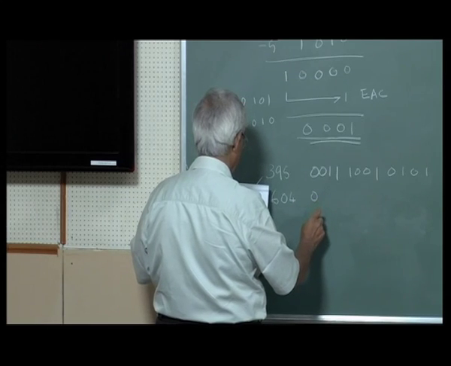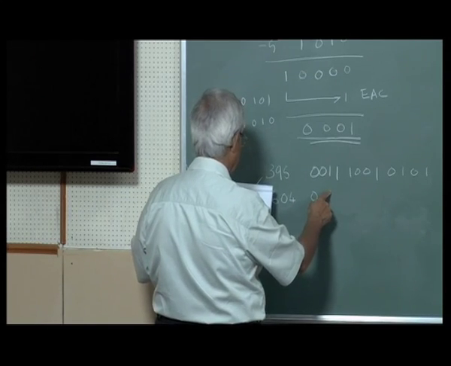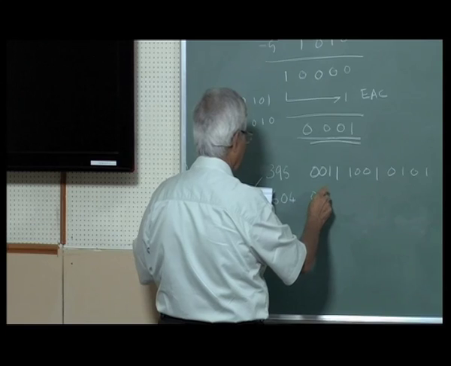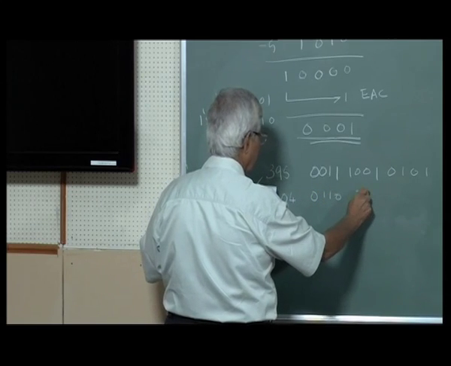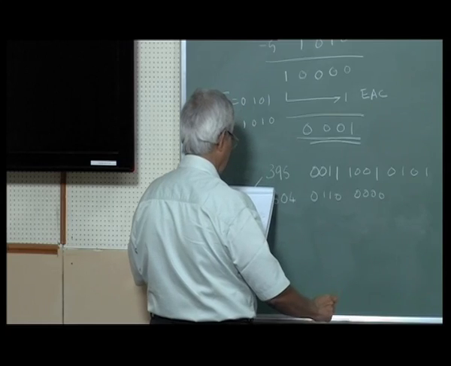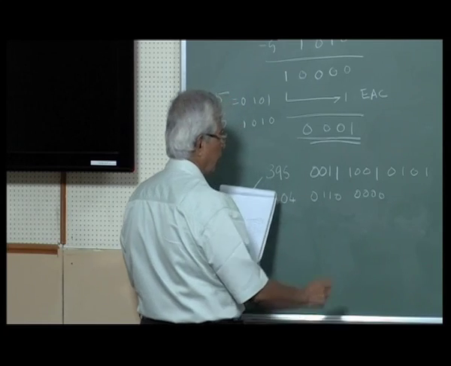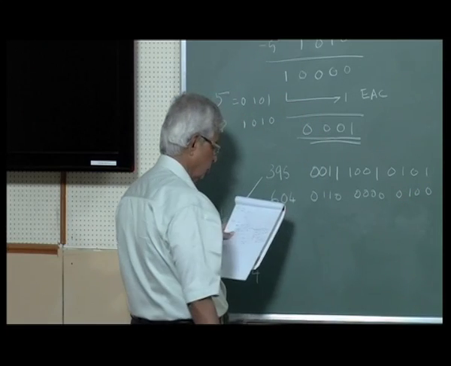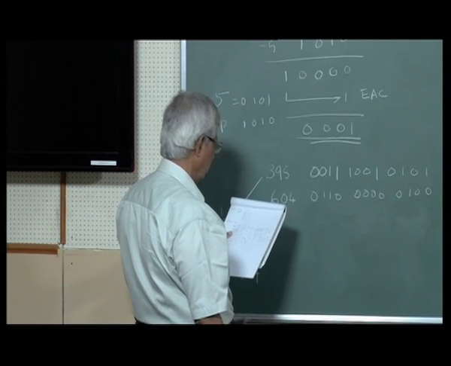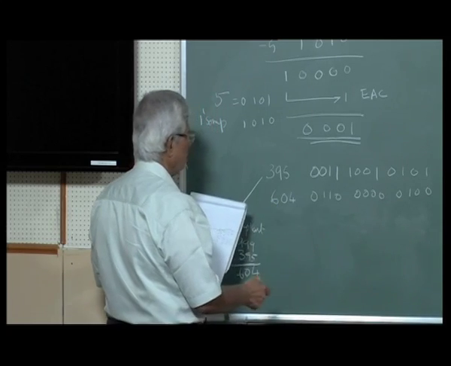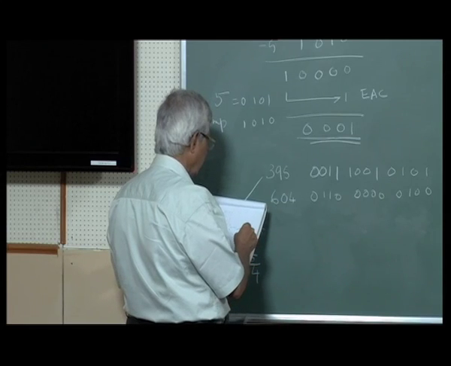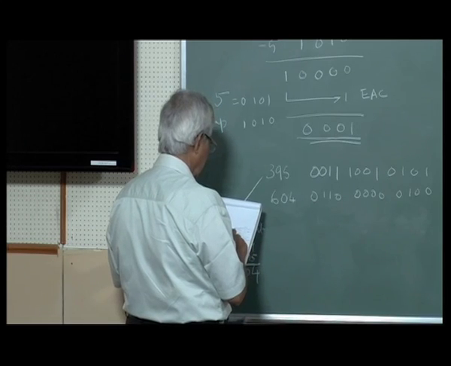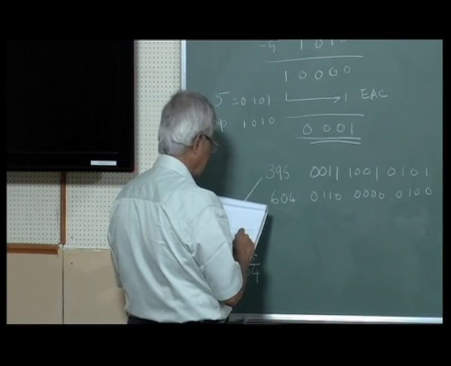If you take 604, it becomes 0110, 0000, 0100. This is 3, this is 6.